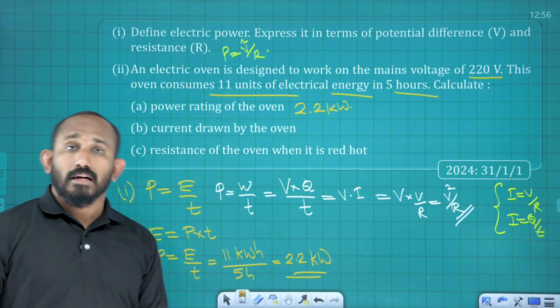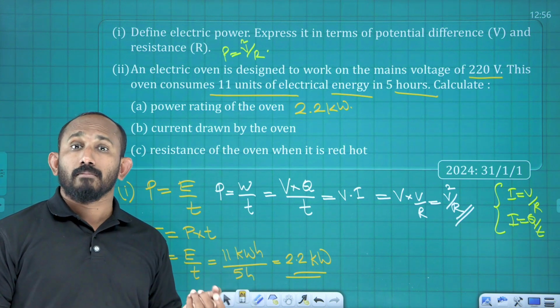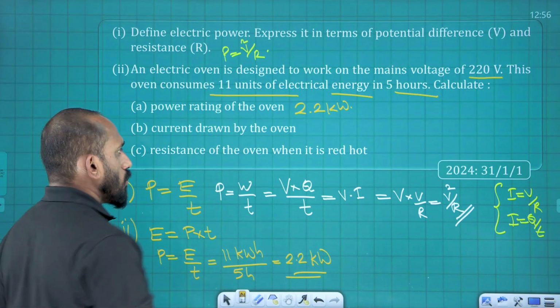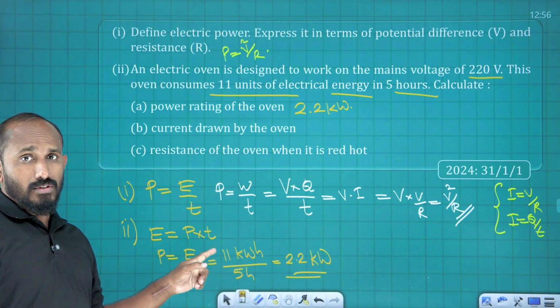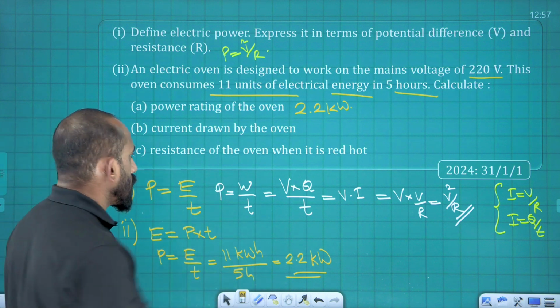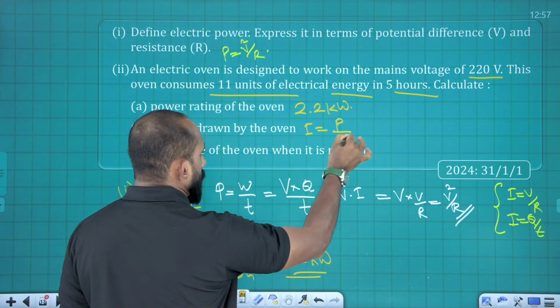Current drawn by the oven. Current you have to find out. So we have current I is equal to power by voltage. Here power is given, and energy is also given, so you can use any of these equations. Current I is equal to power by voltage.